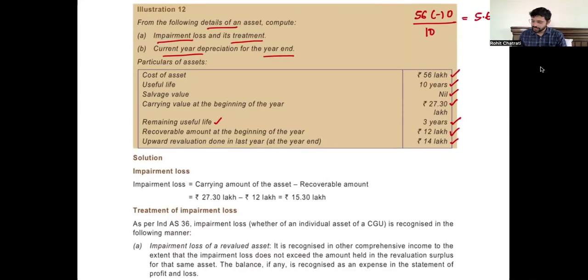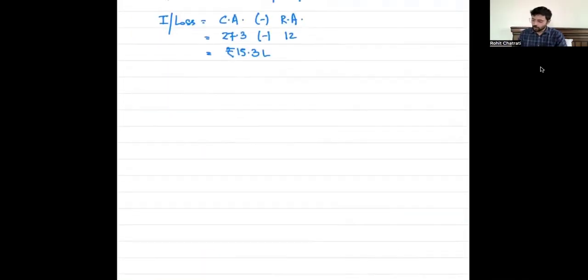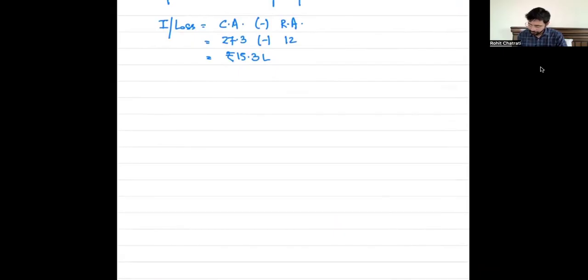Now the question stated that the upward revaluation that was done in the last year was equal to 14 lakh rupees. Therefore, it means that the accumulated other comprehensive income has a balance of rupees 14 lakhs with regards to revaluation gain. So of this 15.3 lakhs, rupees 14 lakhs will be adjusted against accumulated other comprehensive income, adjusted against revaluation surplus.